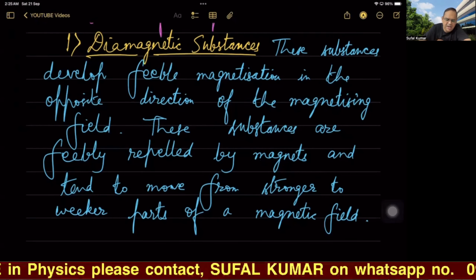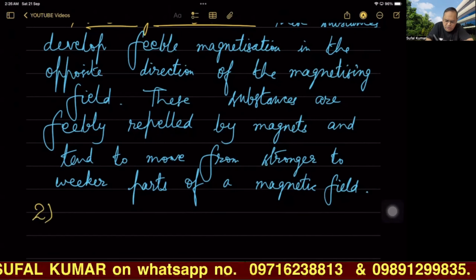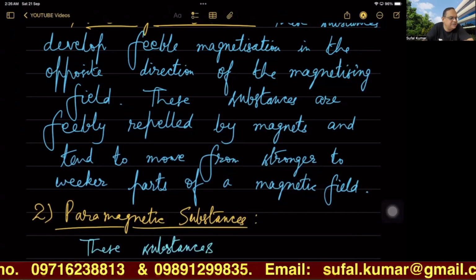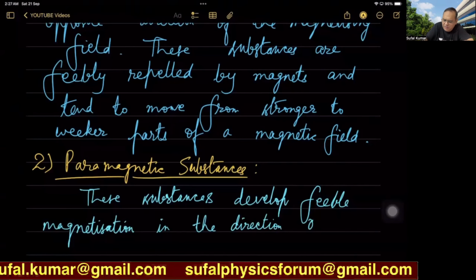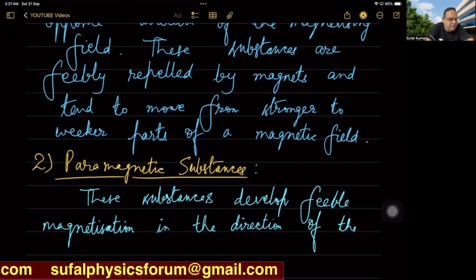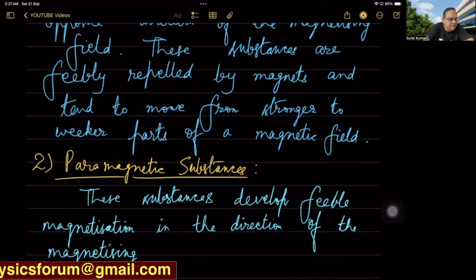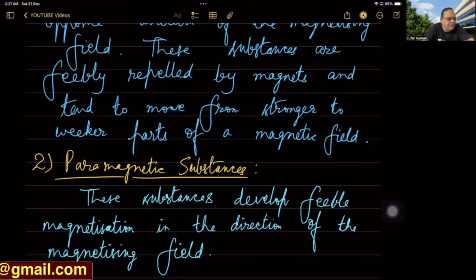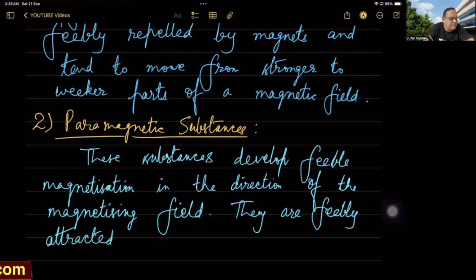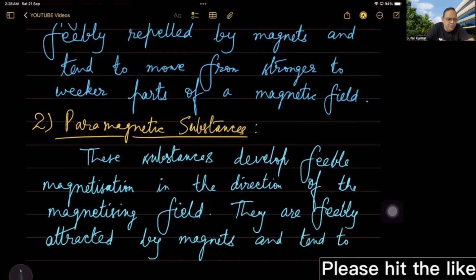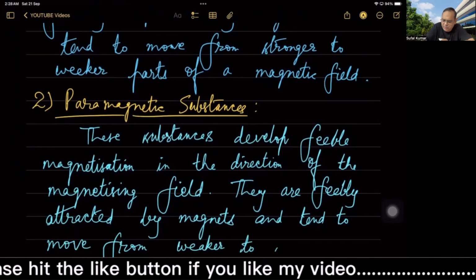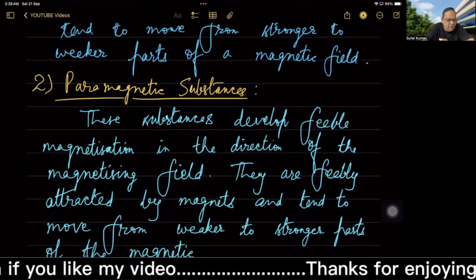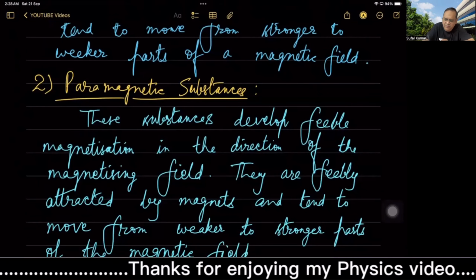Now, what about paramagnetic? Number two, these substances develop feeble magnetization in the direction of the magnetizing field. They are feebly attracted by magnets and tend to move from weaker to stronger parts of the magnetic field.